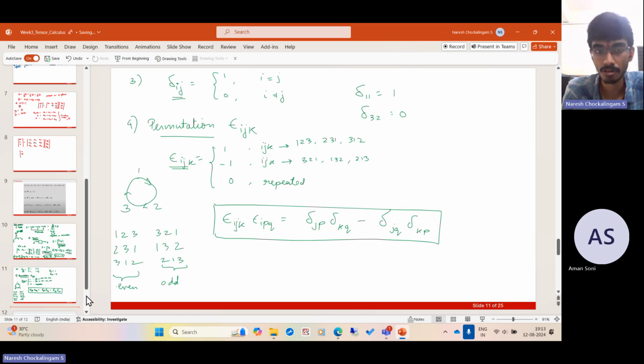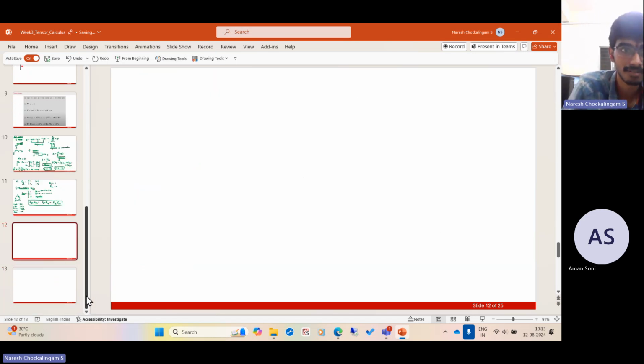Then we also looked at some of the properties of tensors. A tensor acts on a vector to give another vector. Another tensor can act on the same vector to give some other vector.